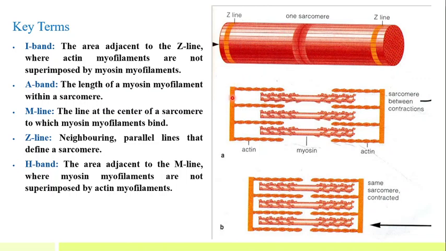Now see below, the actin filaments on both the sides are thin filaments, and they are distal from each other, and the middle thick filaments are the myosin filaments.